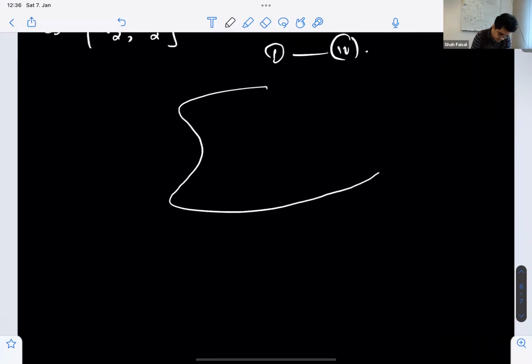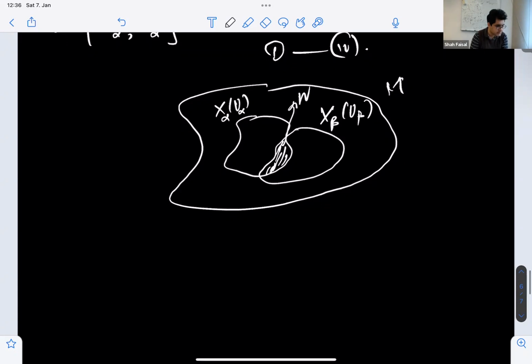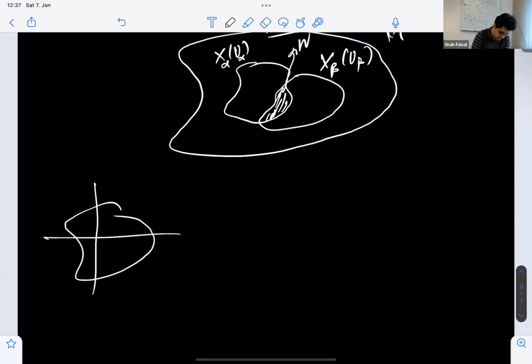Let's say my manifold is this M. This is basically the image of U alpha, and then you have this image of U beta, and this is the intersection W. Downstairs you have U alpha, an open set in Rn, and x alpha is going from this.